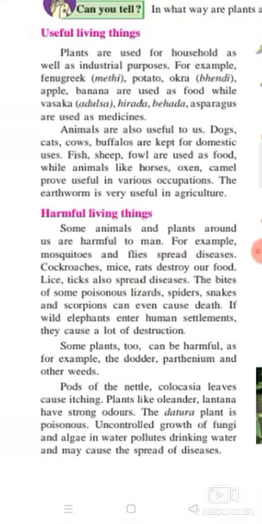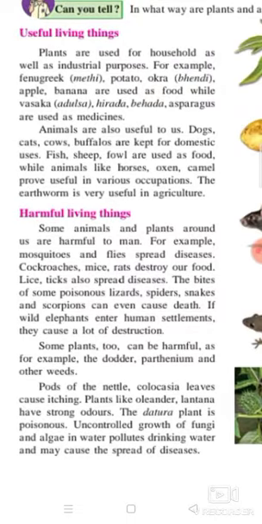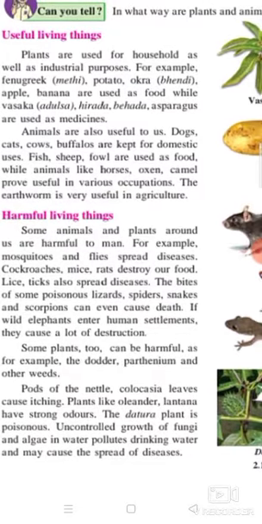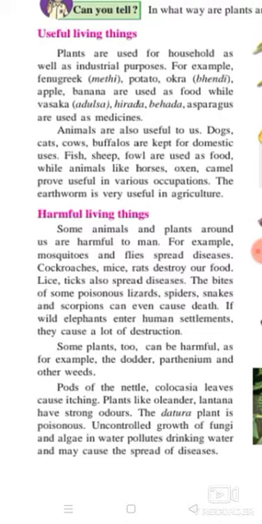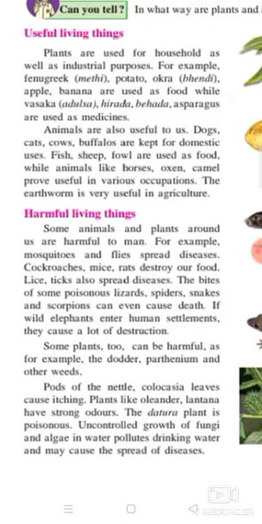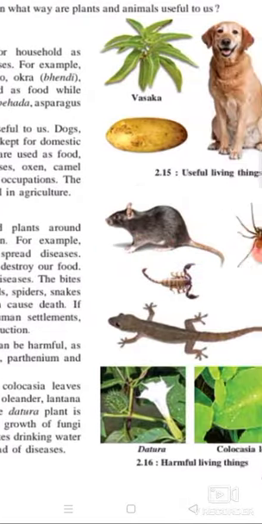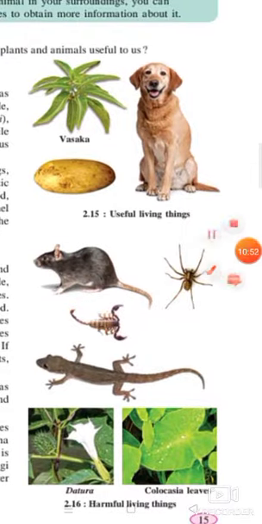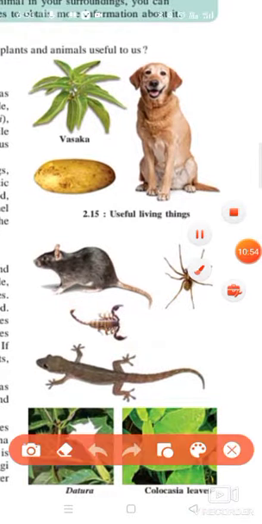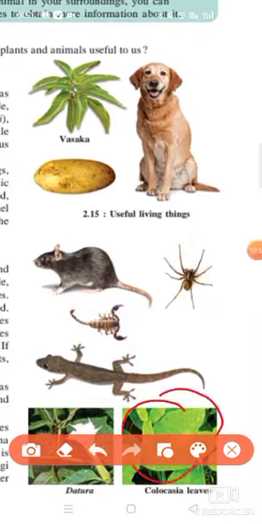Some plants too can be harmful to us. For example, the dodder, parthenium, and other weeds. Parthenium is a wild plant. It is heart-shaped. So I will show here another plant also. See, Colocasia leaves and Datura.